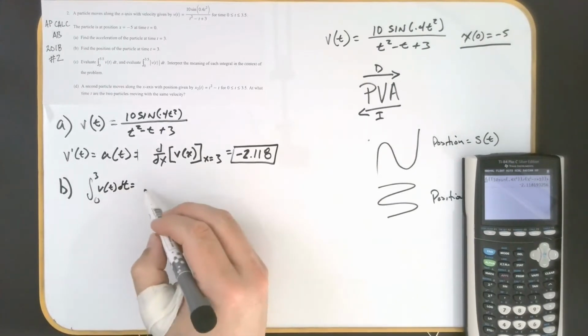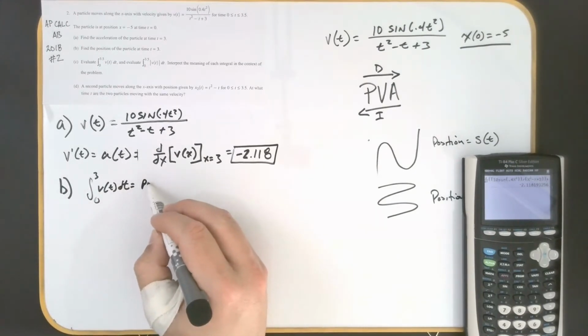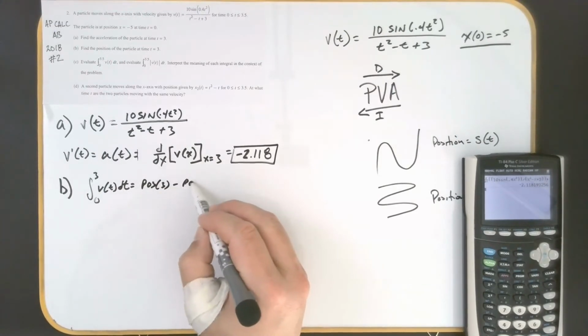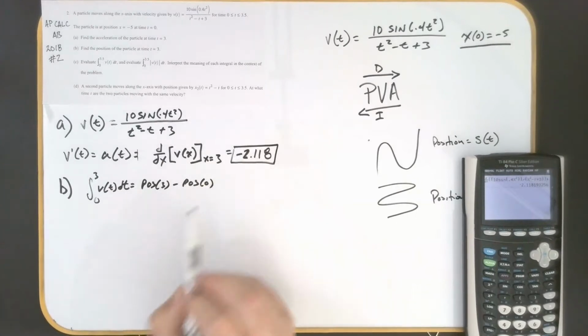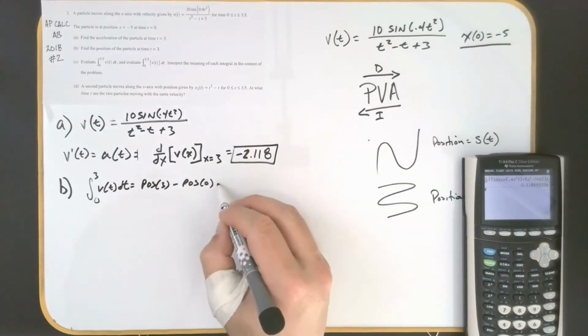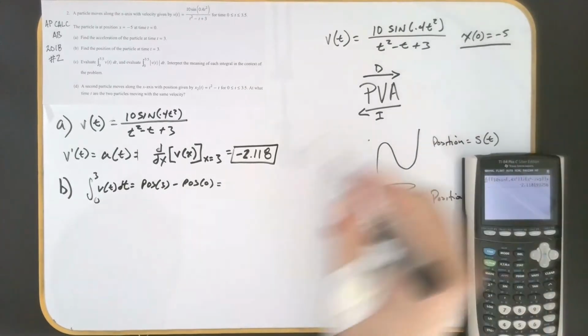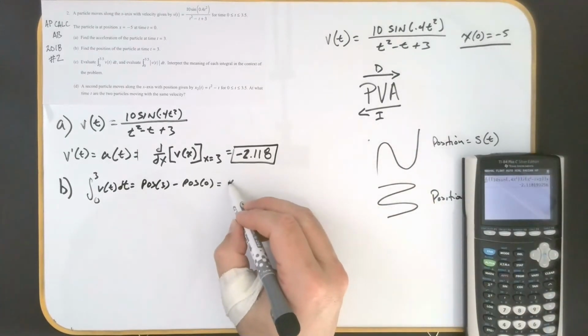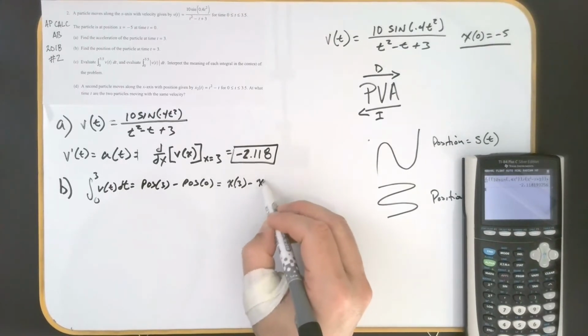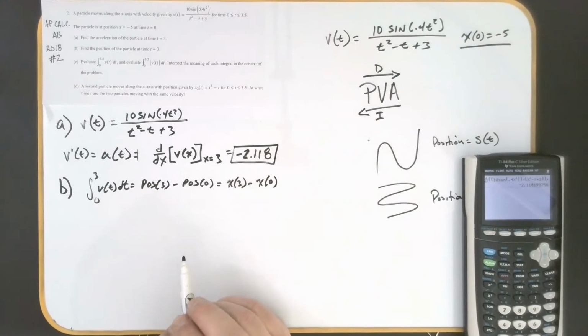And since I'm integrating velocity, the result would be the position at 3 minus the position at 0. I'm purposely abbreviating position there, but what I was mentioning over here is that this is going to be expressed with x. So they're going to say x of 3 minus x of 0. That's what you would see.